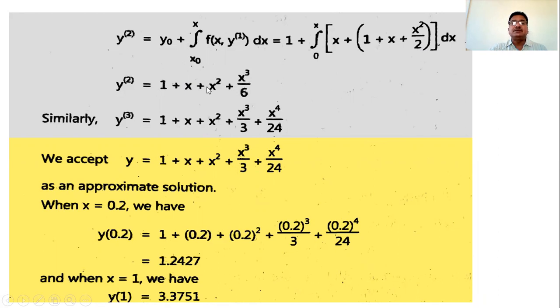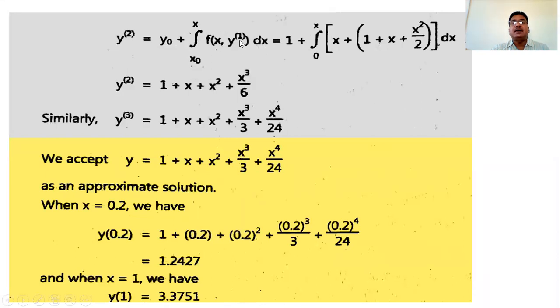So we have this y2, that is the second approximation. Right here, y raised to (2), or y2(x). Either write y2(x) or just write y2. Then y3 is again y0 plus the integration from x naught to x of f(x, y2) dx.